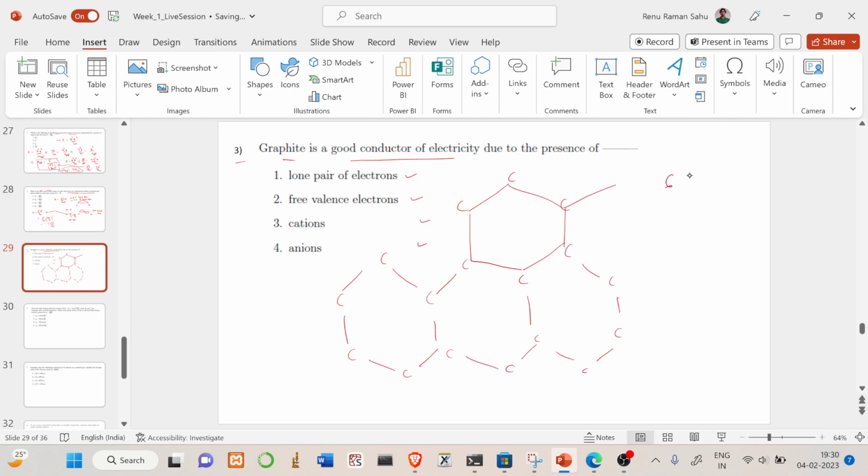Carbon has 6 electrons, and those 6 electrons are distributed as 1s2, 2s2 and 2p2, or basically 2px1 and 2py1, and 2pz will have no electrons. So this is the electronic configuration of one carbon atom.